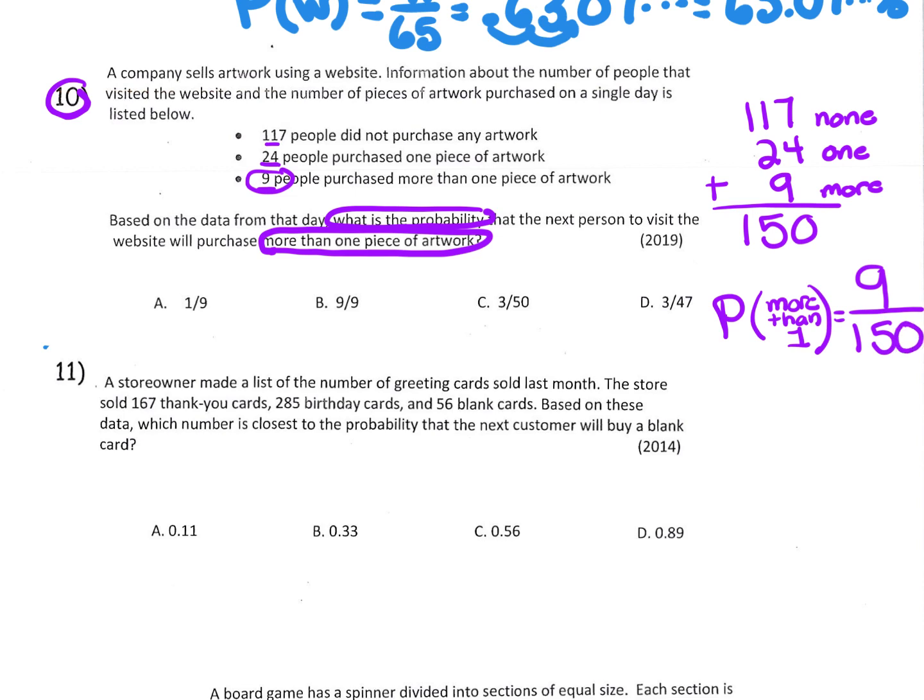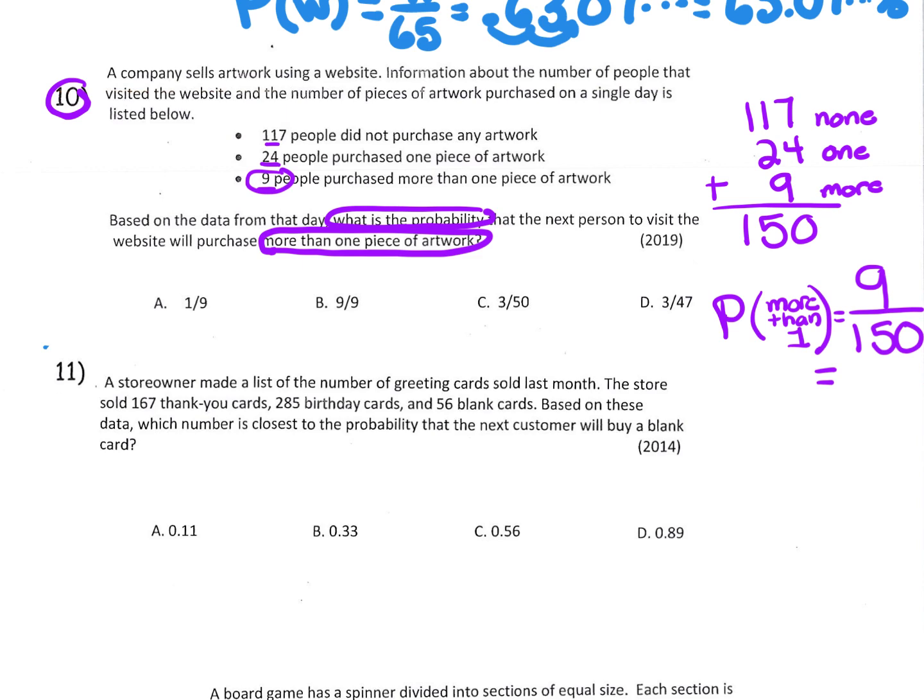Now, as we look at the other fractions and compare, we can see that the answer can't be found. So the best way to work with this, rather than reducing, is to convert all of these to decimal form and find out which probability matches.